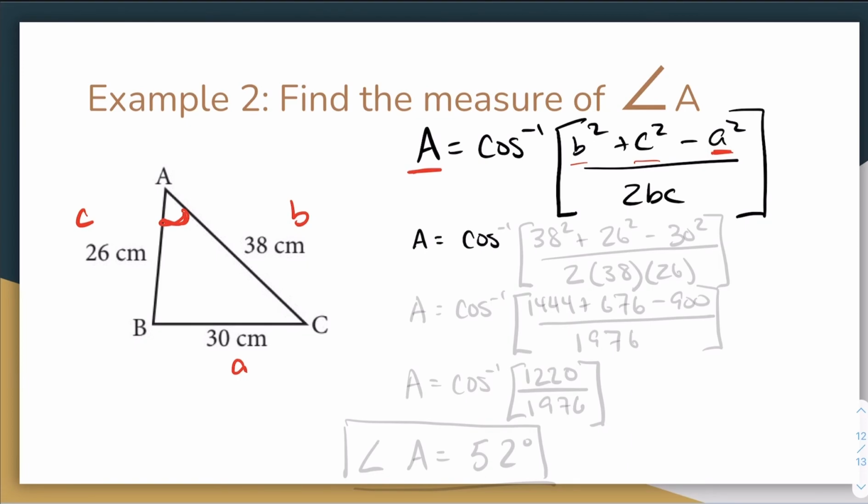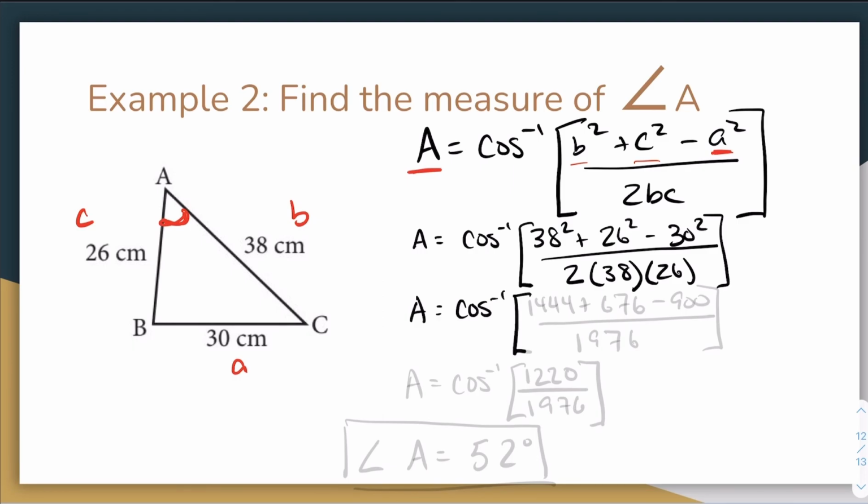Let's sub in what we know. B is 38, C is 26, and A is 30. I'm going to put that over 2 times 38 times 26.